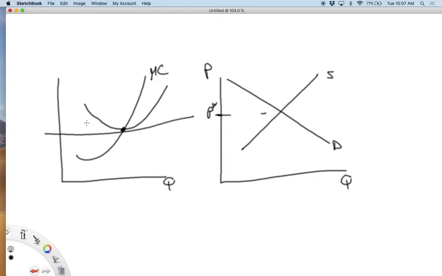Everybody is just breaking even. If everybody is just breaking even, that's a long run equilibrium because there's no reason for anybody to exit. There's no reason for anybody to come in.